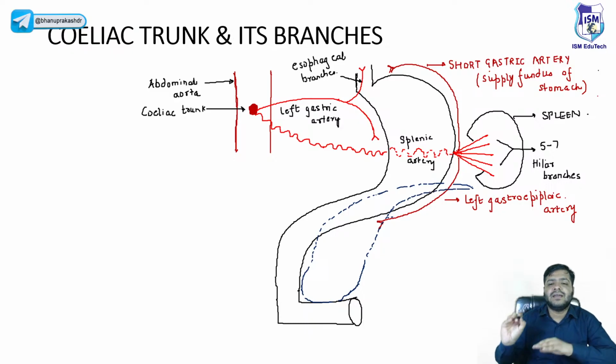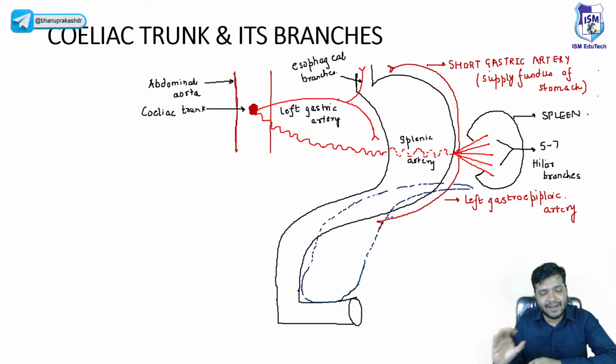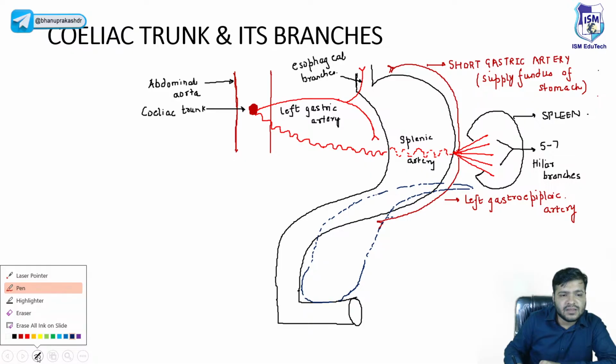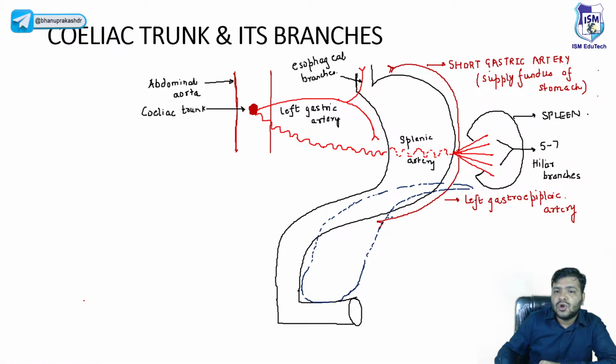I'm just drawing a very simple layman's diagram. Remember guys that the splenic artery gives off branches to the pancreas also. These are called the pancreatic branches coming from the splenic artery, and these are all dorsal.